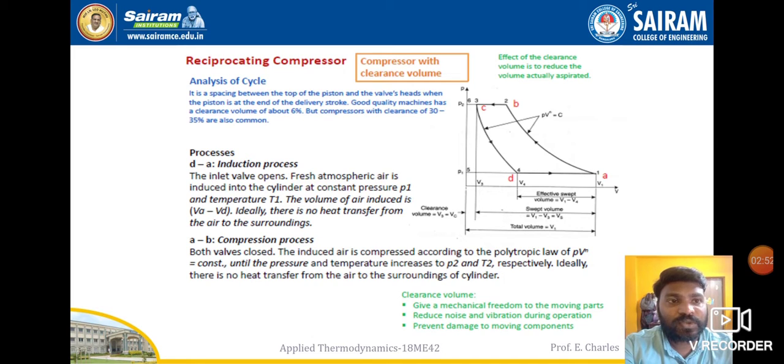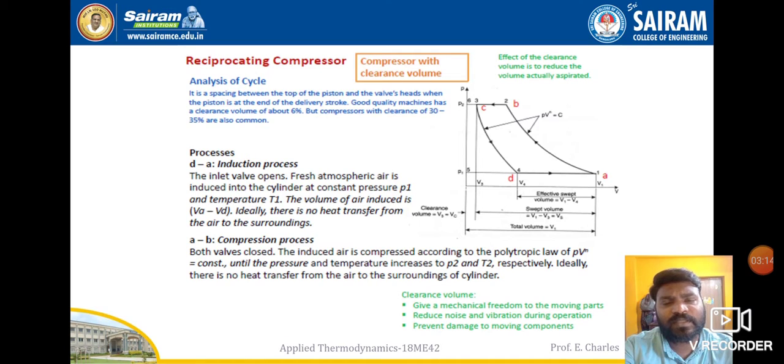All right, so swept volume is equal to V1 minus V3 here. Earlier the effective swept volume was V1 minus V4, and swept volume is V1 minus V3. Here we have to understand clearly the difference between swept volume and effective swept volume.